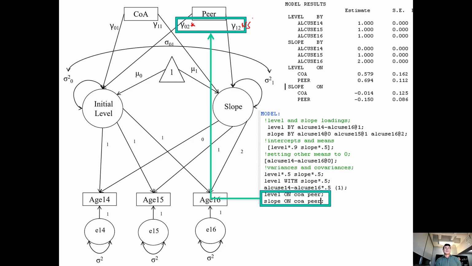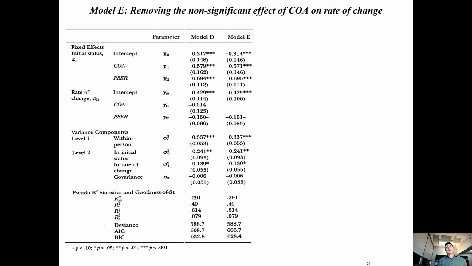By adding this in here, we found out the slope effect is not significant, but the initial level is significant. And then just briefly, this is their Model E where they pull out the non-significant effects. This one they're calling close to significant, so they left it in there because they thought it added some information. It's a p-value less than 0.1. So in order to avoid a type 2 error, they left it in there, but we could also remove that as well.